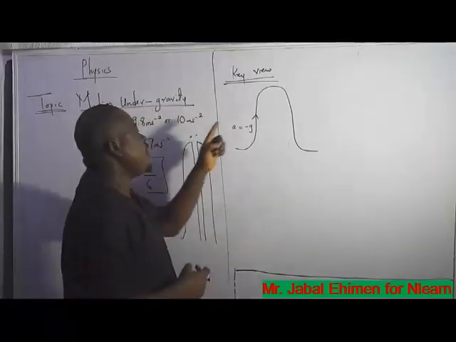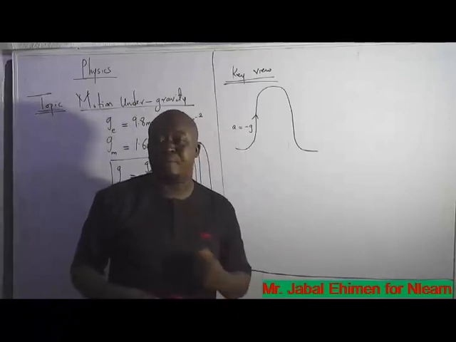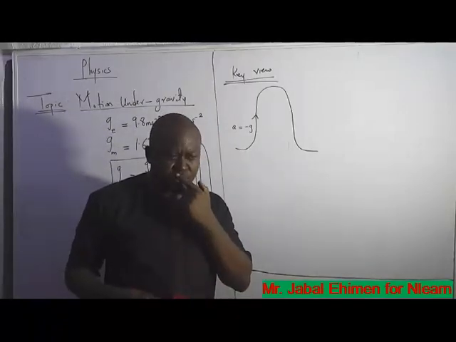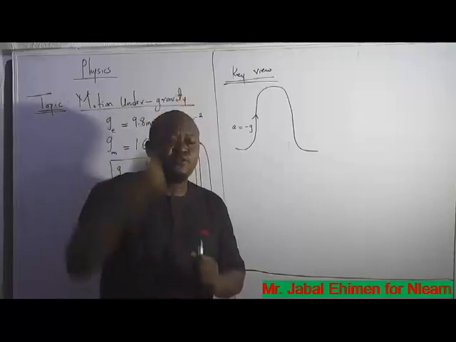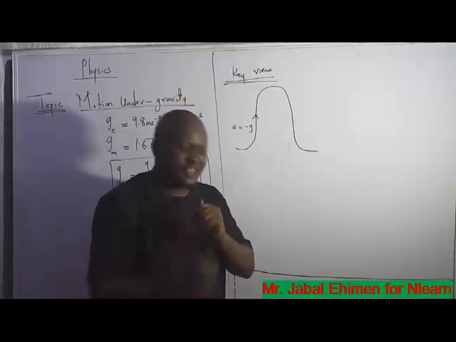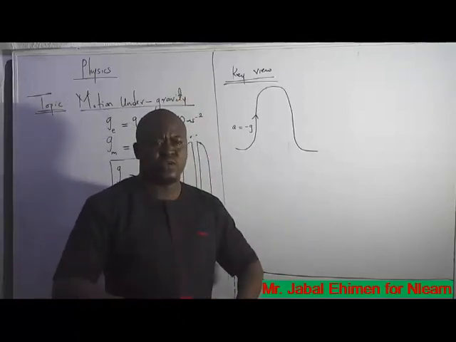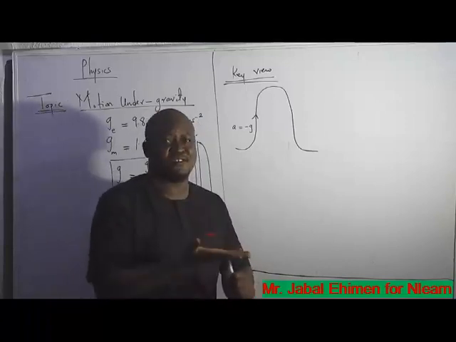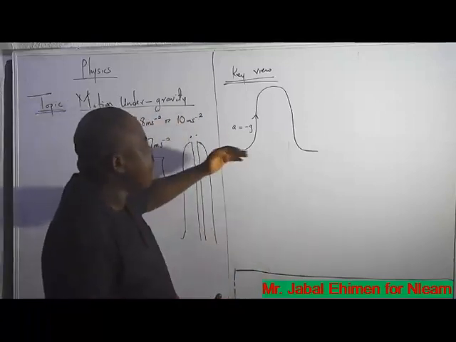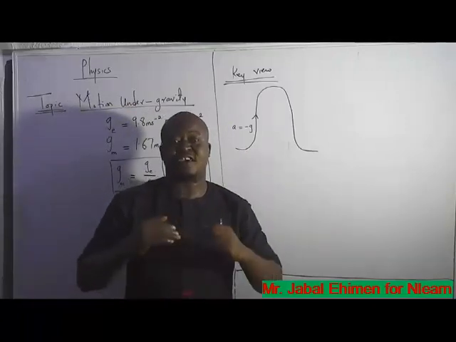Now, something else is happening when that body is moving upward. As it's moving, its velocity is reducing. You have already shot the body with an initial velocity, so initial velocity u has a value because it was shot with that initial velocity. But as it begins to climb, its velocity begins to reduce because it's against gravity.